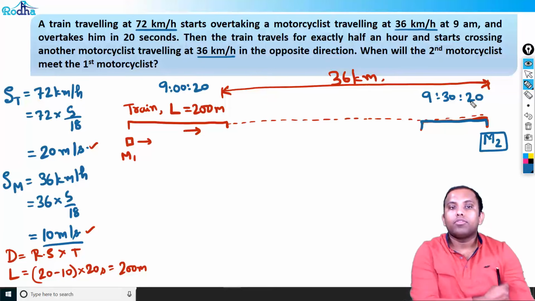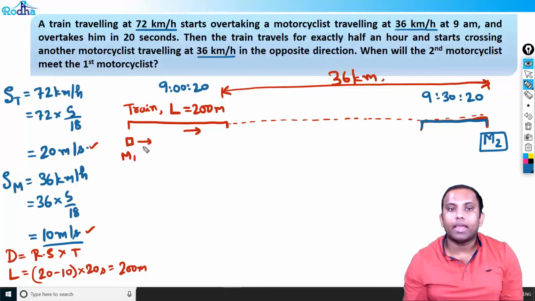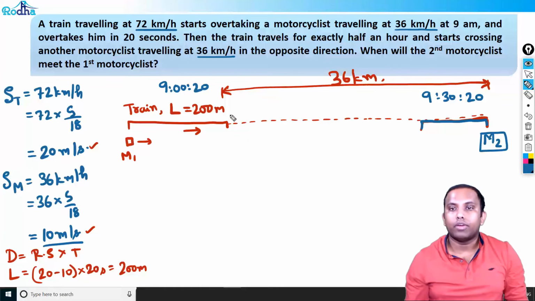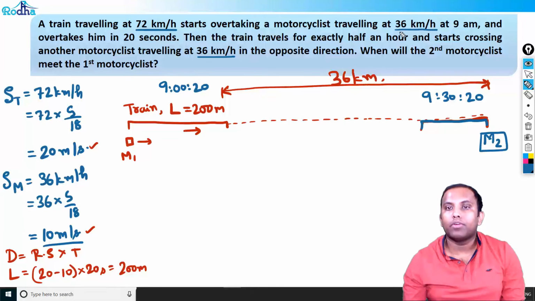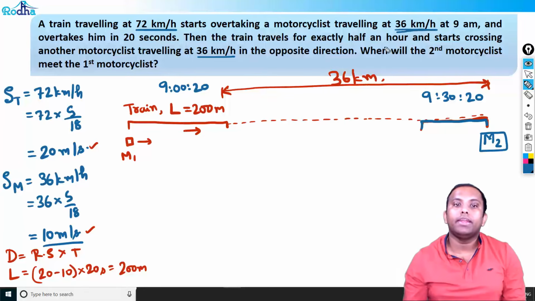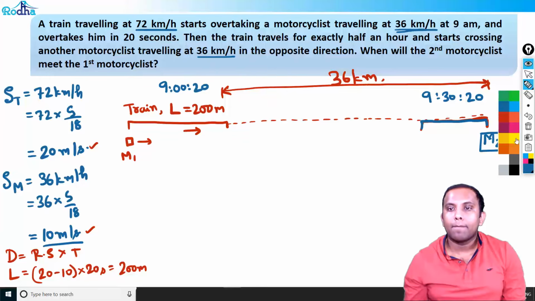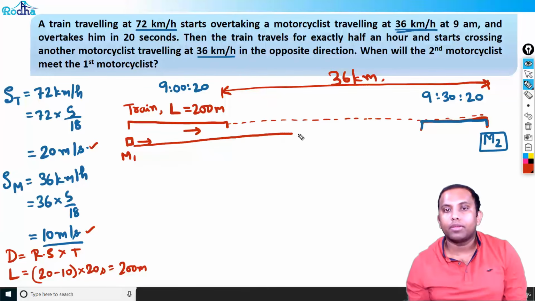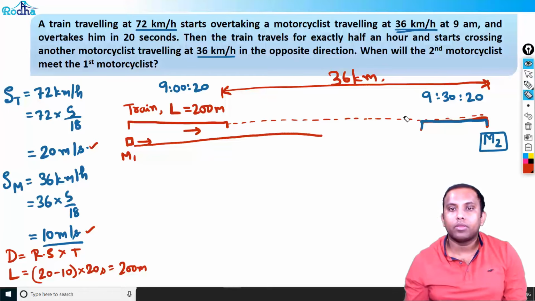That means the first motorcycle in the meantime traveled for half an hour, from when the train overtook it. Its speed is 36 kilometer per hour, so in half an hour it will travel 18 kilometer. So this first motorcyclist will move 18 kilometer somewhere here, in a straight line.